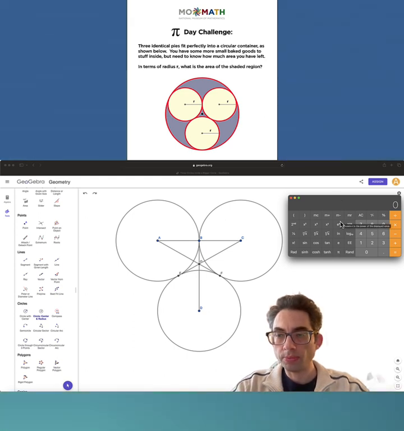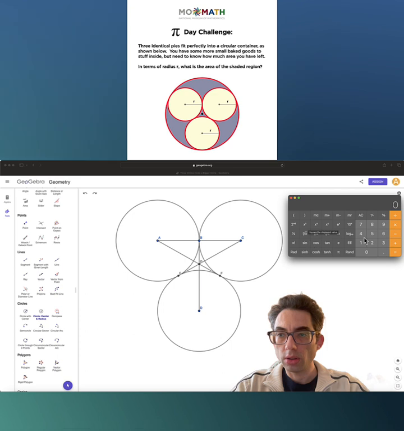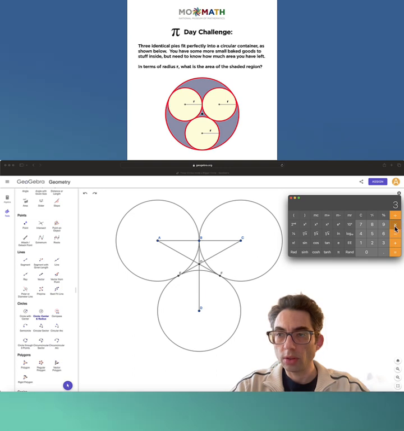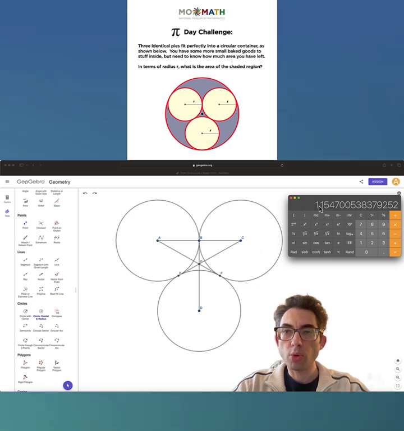So it would be 2 divided by 3 times, open parentheses, square root of 3, close parentheses, equals 1.1547.